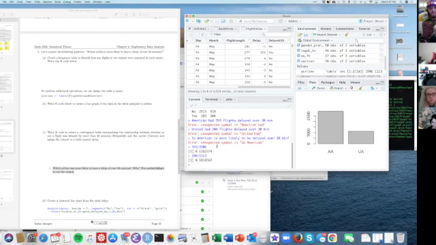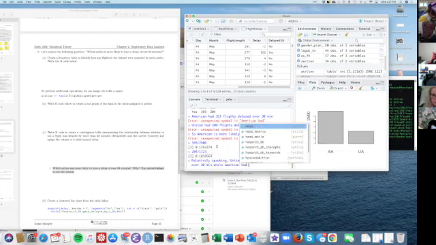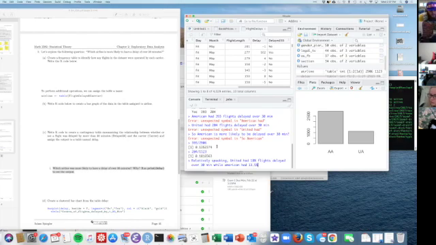We can see as a proportion, relatively speaking, that there's about 18% for United compared to American Airlines, which had 13.5.